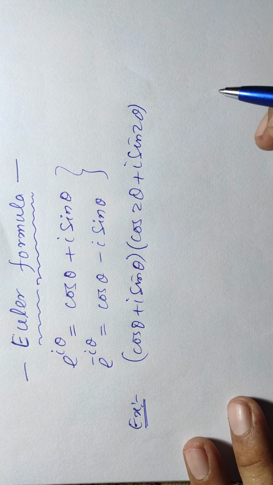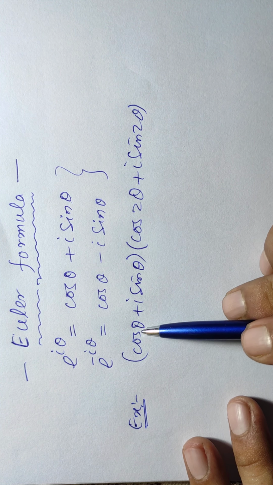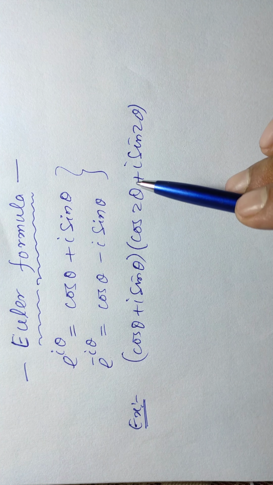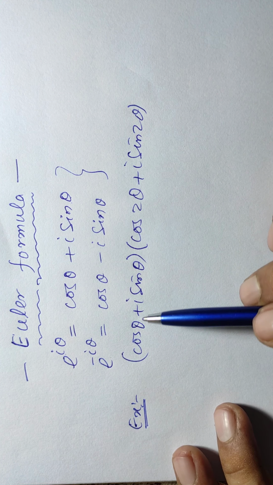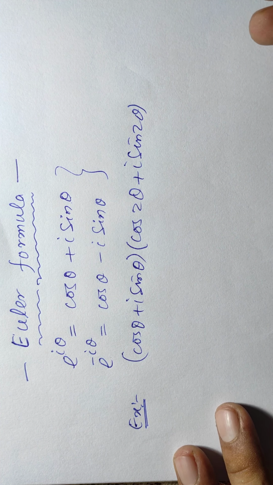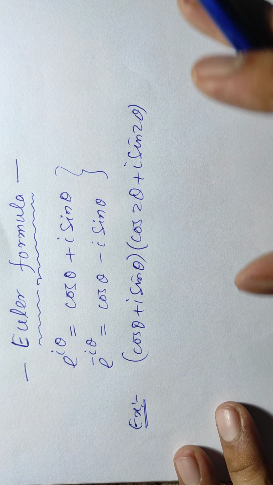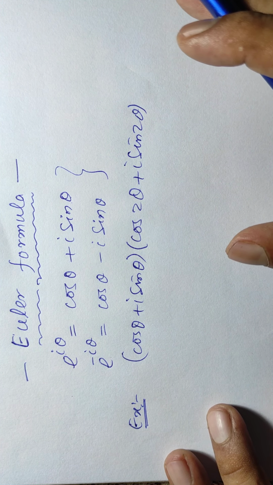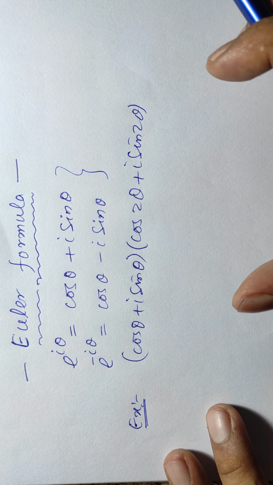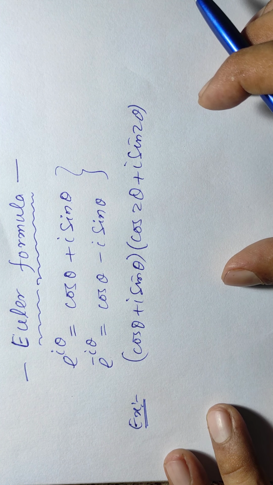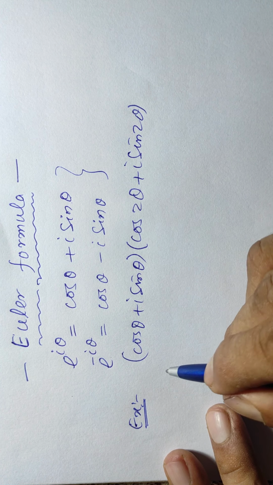In general, I have seen in my life that almost all the students are multiplying and getting the answer. It is clear that the method is perfect and you will get full marks. But how much time are you taking? That is the point.